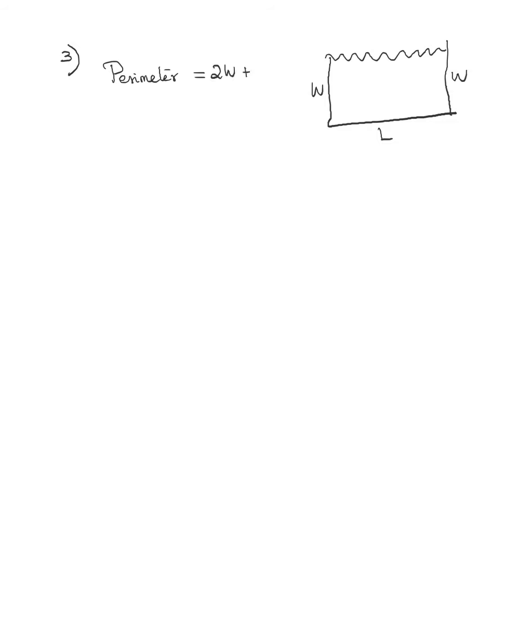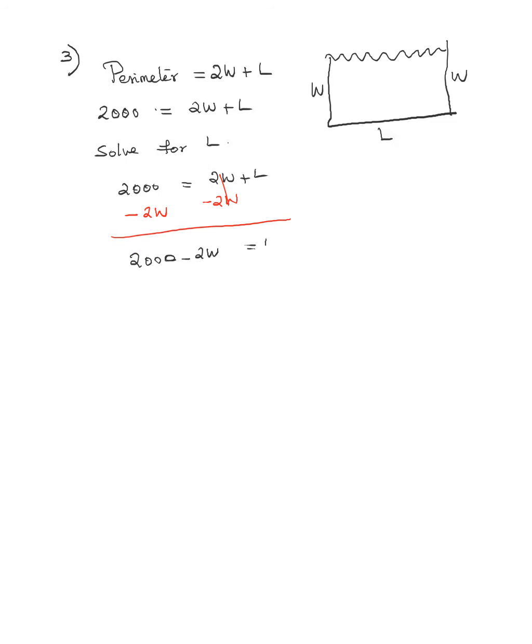We are going to get the l by itself, so we subtract 2w from both sides. So we get 2000 minus 2w is going to be l.